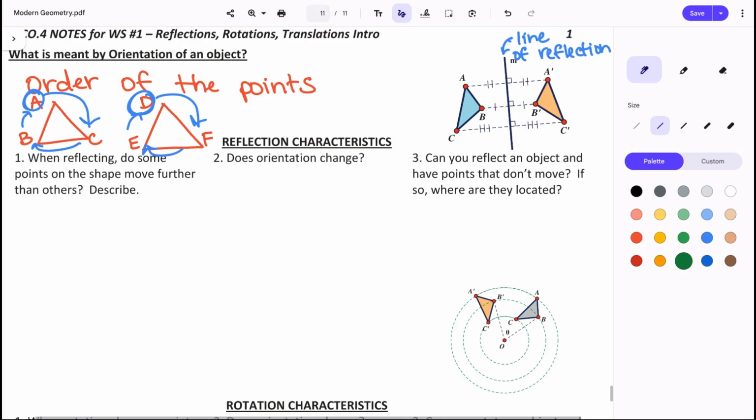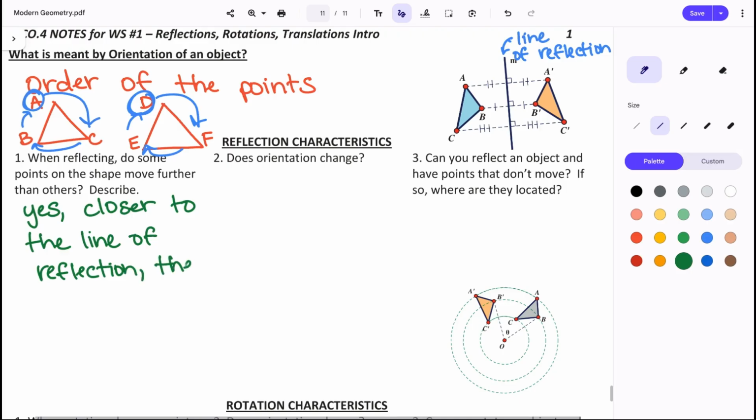So when we answer this question, we're going to say yes. Some points will move farther than others. And the reason why is because the closer to the line of reflection, the less a point is going to have to move.